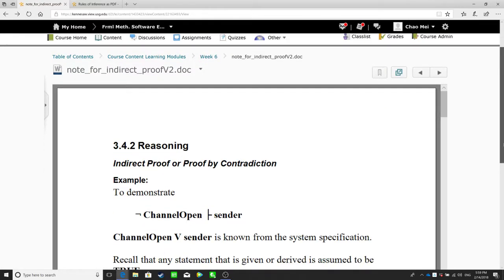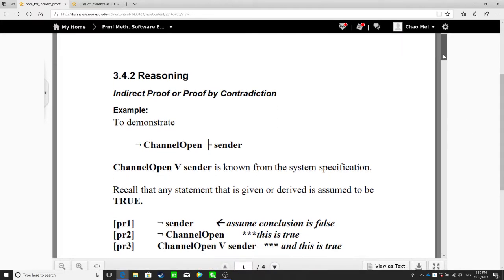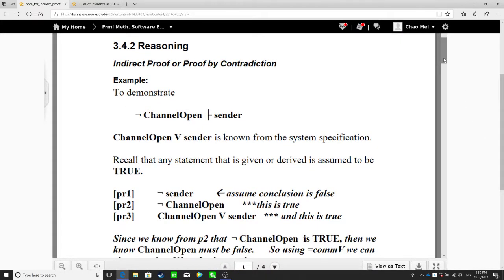Let's quickly go through. Basically, it's still pretty similar. Everything, no matter what it is, simplify or proof, no matter indirect or direct, just form an expression and then play with the expression using all those rules.